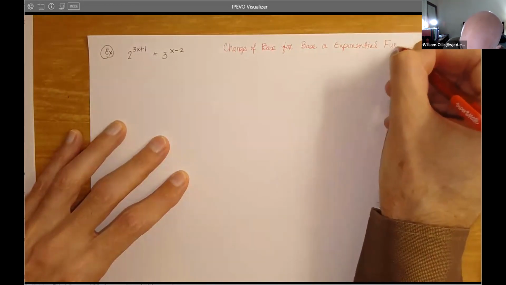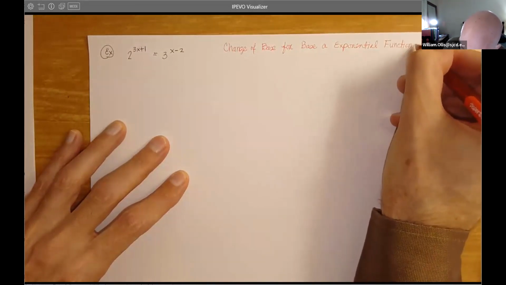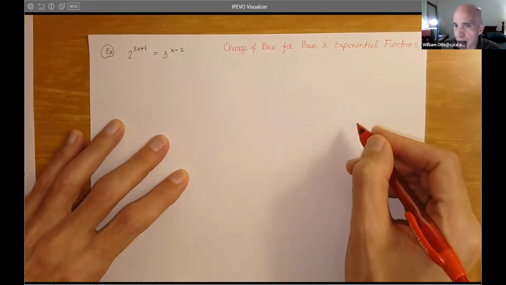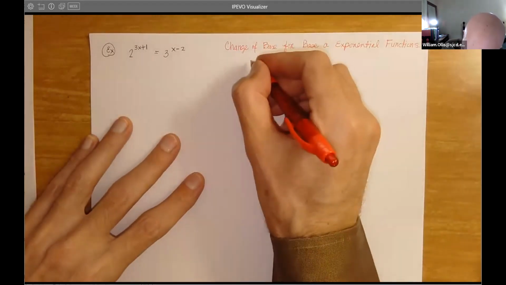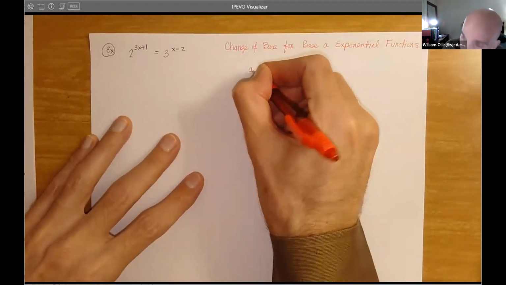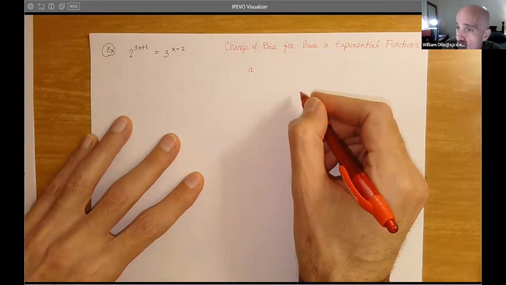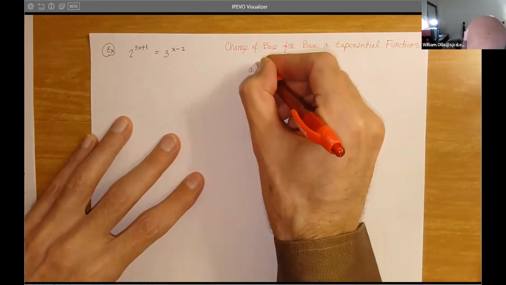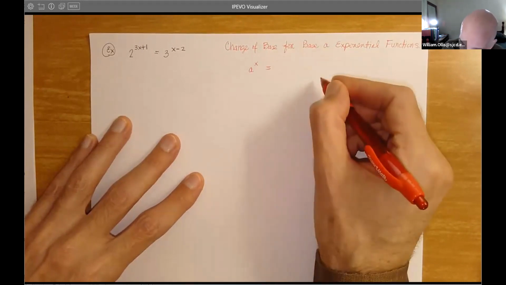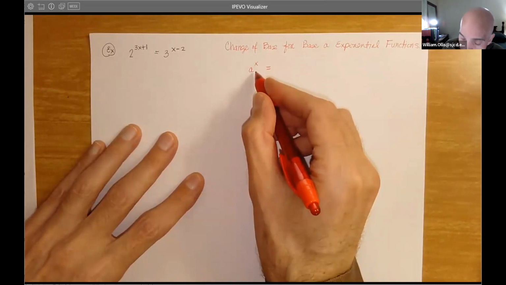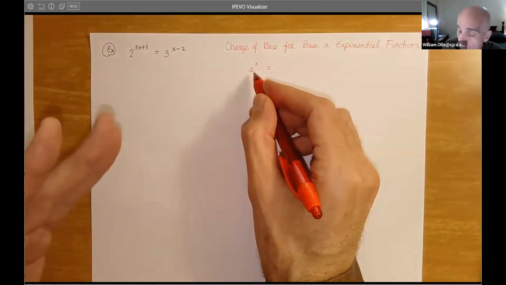So remember, we start with base A, and then maybe we convert to base B. Use any letters you like, A and B, I guess they're just convenient. So for instance, we'll use the inverse property of the logarithm and the exponential. So we could say A to the X. And then the trick is to replace this with the base B logarithm.